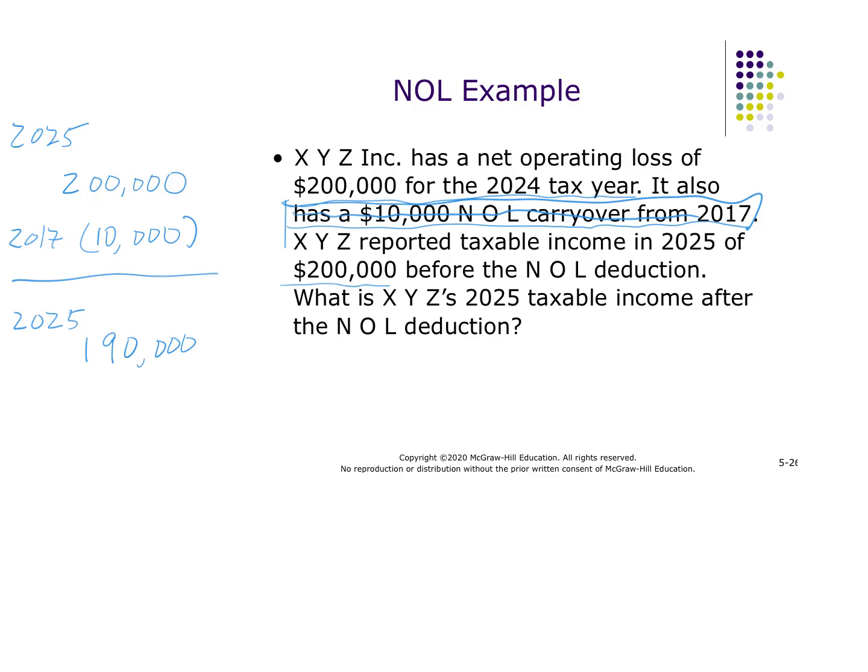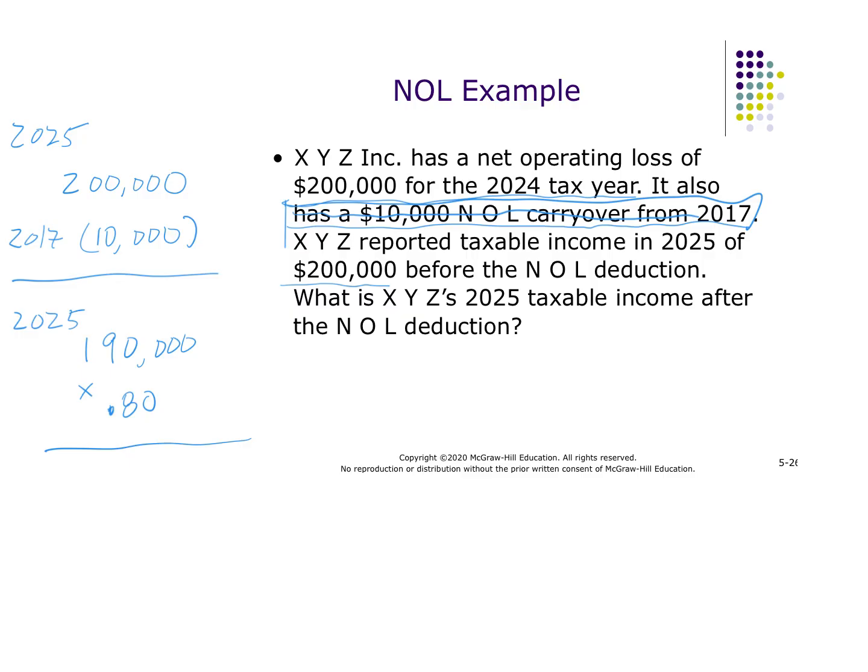All right. Now, because of the net operating loss rules, we can deduct that 2024 net operating loss up to 80% of our 2025 taxable income.